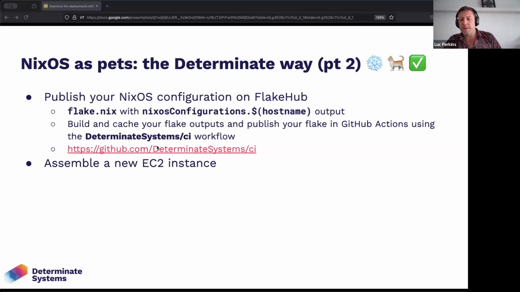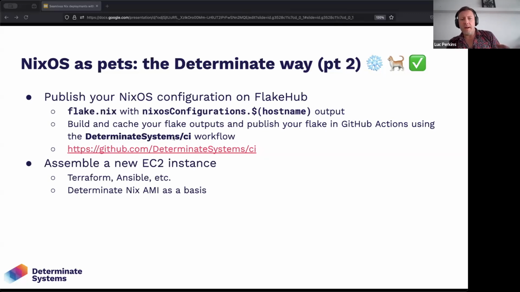Next, you need to assemble an EC2 instance using whichever tool you use for that. So that could be Terraform or Ansible or NixOps or something else. And of course, we hope that you're using some kind of infrastructure as code tool, but we're completely agnostic toward what that is.